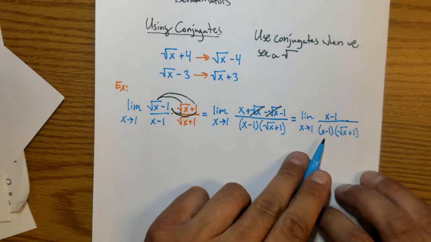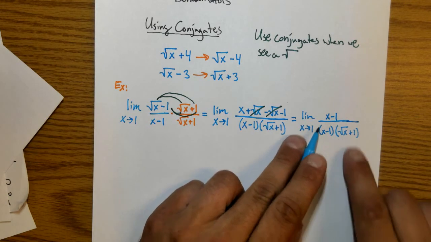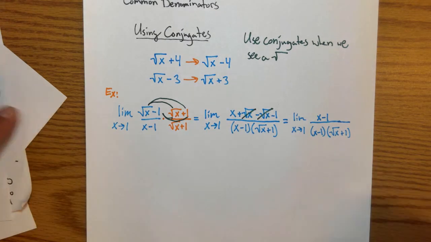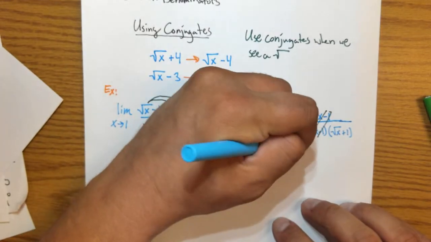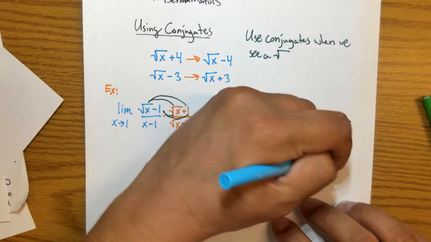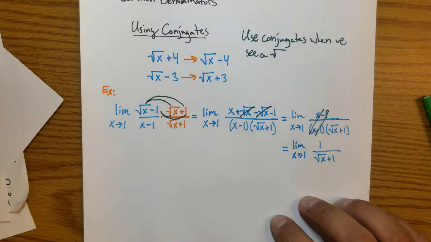And as you can see, this is why I left the bottom factor, because we have a factor on bottom and a factor on top that are the same, which means we can go ahead and cancel those out, which will leave us with just the limit as x approaches 1 of 1 divided by square root of x plus 1.